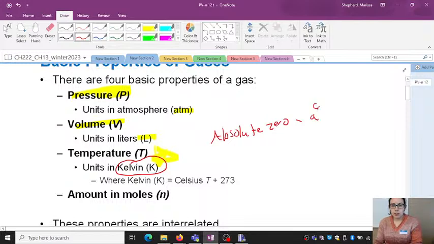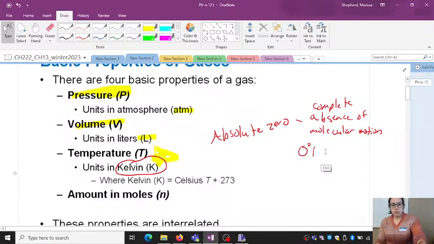So complete absence of molecular motion. Because of that, this Kelvin scale goes from, oh, it doesn't have a degree sign, from 0 Kelvin, and of course beyond. The key point is that Kelvin doesn't have any negative temperatures.